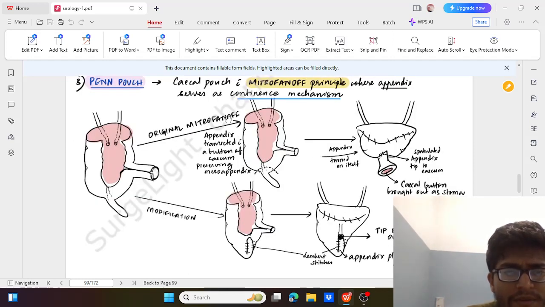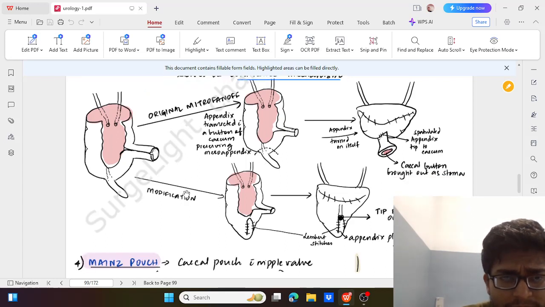The original Mitrofanoff was where the appendix was transected with a button of cecum preserving the mesoappendix, and the appendix was turned reverse and spatulated. The spatulated appendix tip was attached to the cecum and the cecal button was brought out as stoma.